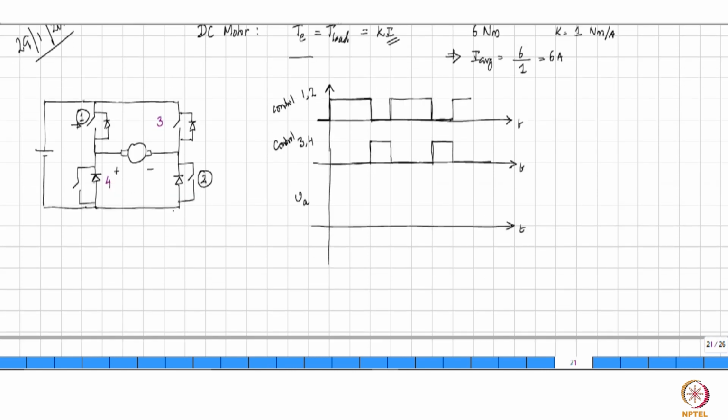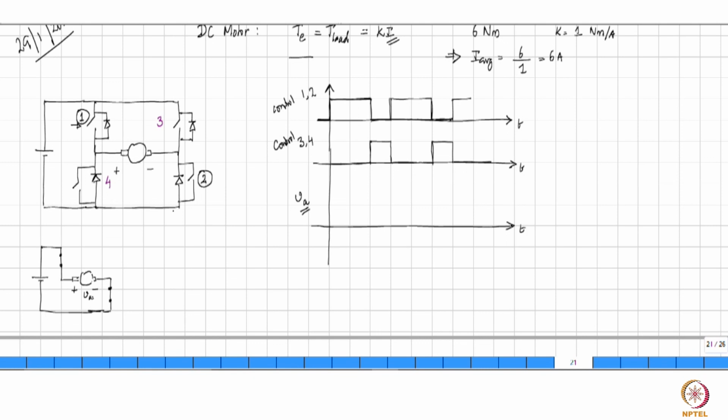Let's take this as an example. So if this is the case, what will be the wave shape of VA? If 1 and 2 are on, then the circuit reduces to one that looks like this. You have 1 is on, and then you have the motor, and then 2 is on, and the voltage across the motor that we are looking at is VA.